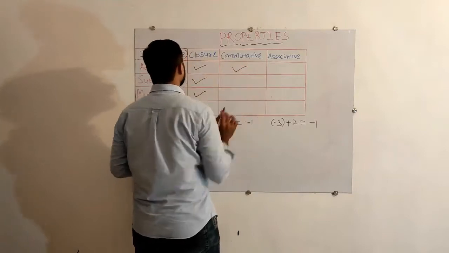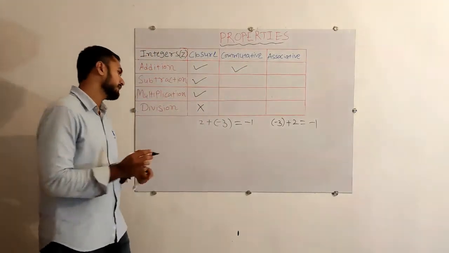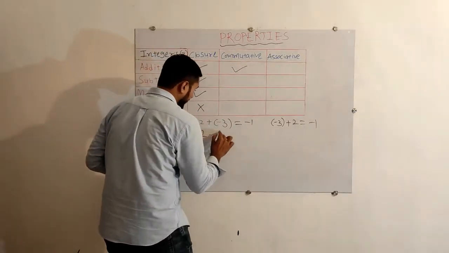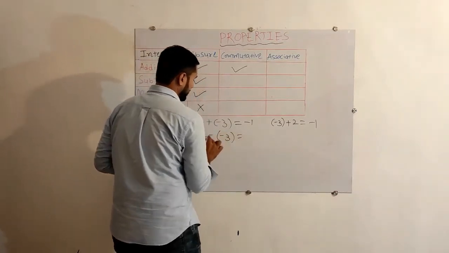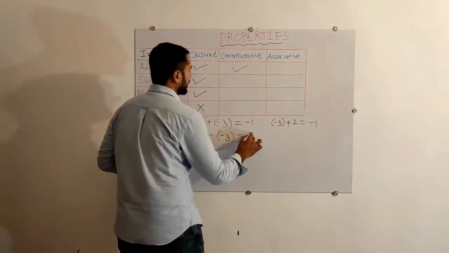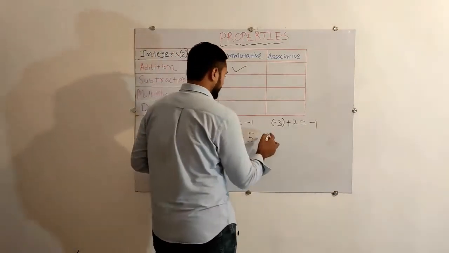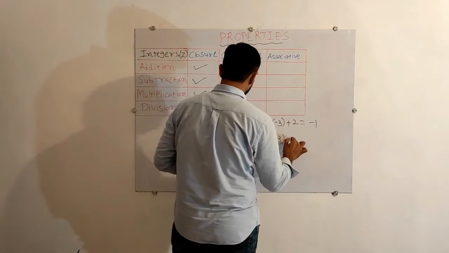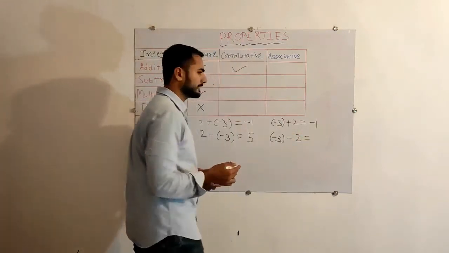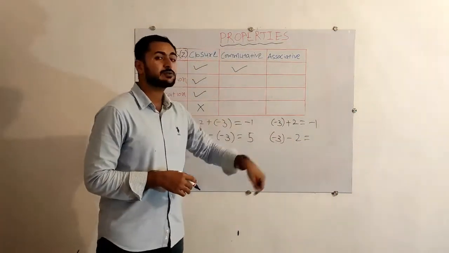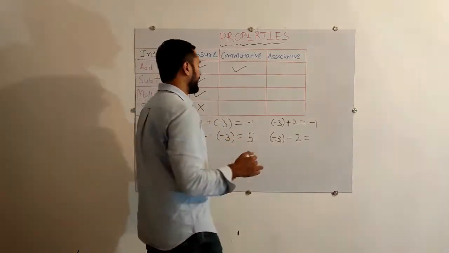Yes, it's commutative. For subtraction, let's check 2 minus minus 3. That is minus minus plus, 2 and 3, which we did earlier. The answer is 5. Now let's shuffle the numbers: minus 3 minus 2. Minus minus plus, 3 and 2, 5.